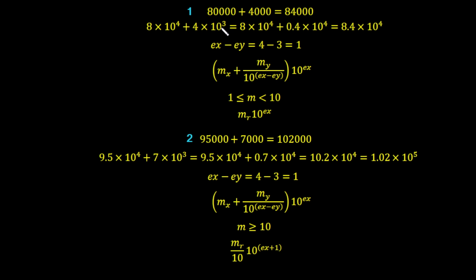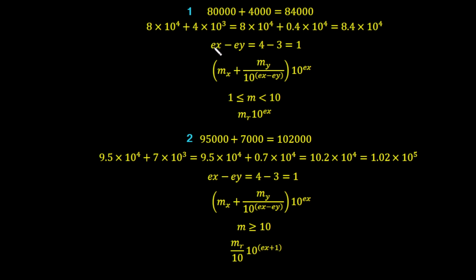But if we change this by a factor of 10, we're going to have to make this number a factor of 10 smaller. So instead of being 4, it's going to have to be 0.4. So we've got this number now plus this number, and you can see here that the exponents are the same. So if the exponents are the same, we can simply add these together. So we're going to have 8.4 times 10 to the power of 4.